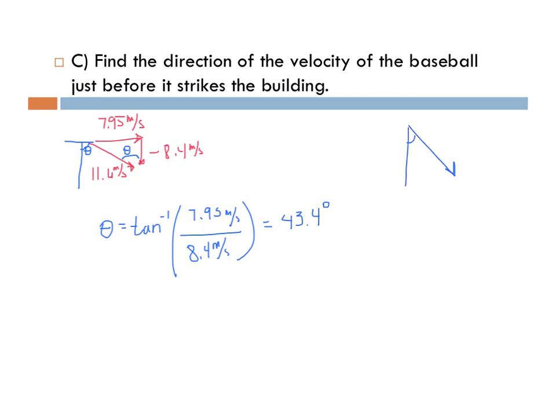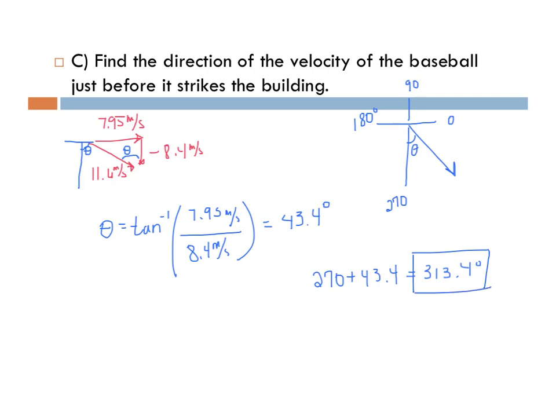But I know that that's this angle here. So, if I add 270, then I get an angle of 313.4 degrees, which again makes a little bit more sense if you go back and look at our unit degrees, or degree circle, I mean.